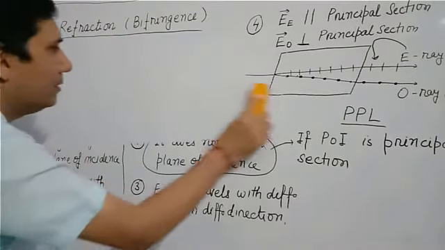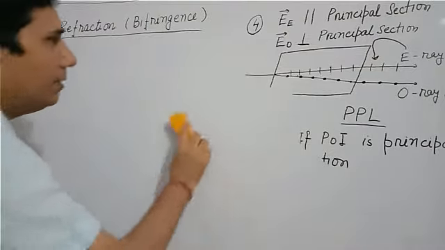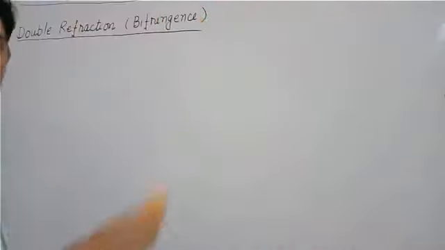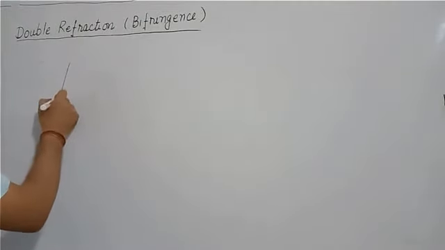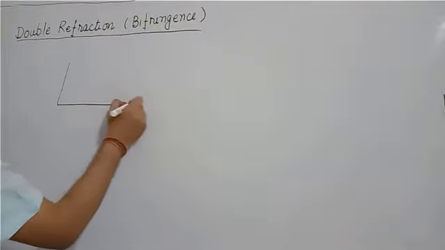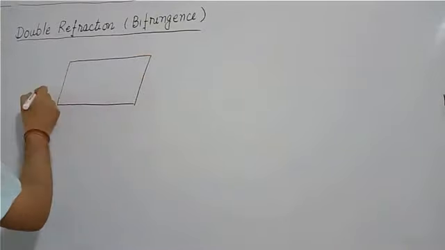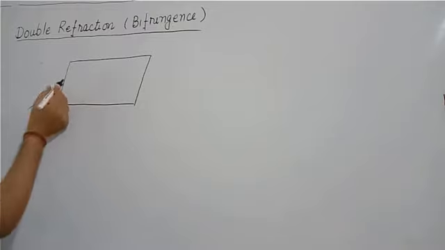Now I'm drawing the principal section of a doubly refracting crystal. So here I am drawing a doubly refracting crystal, suppose calcite, and a ray of light is incident on this, and we will draw a line at this point, a line perpendicular to this.